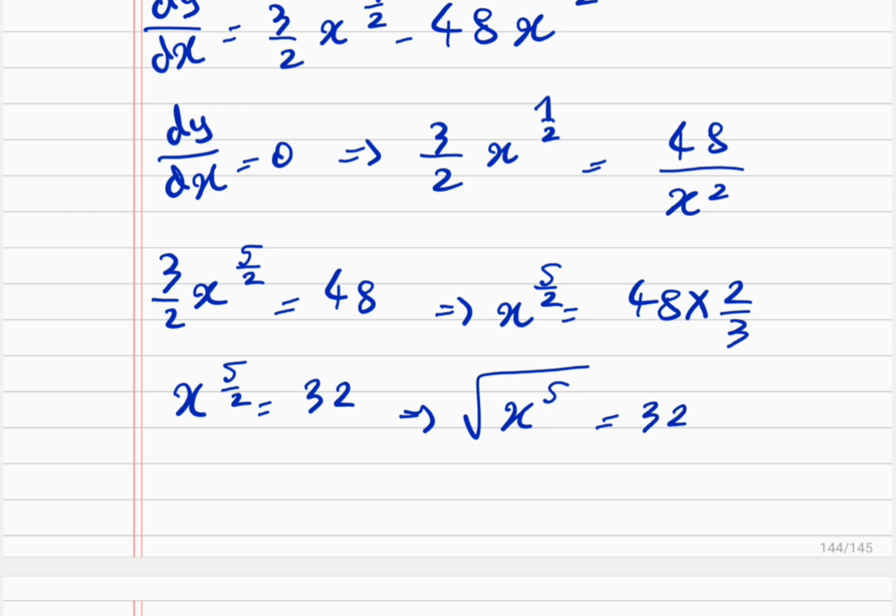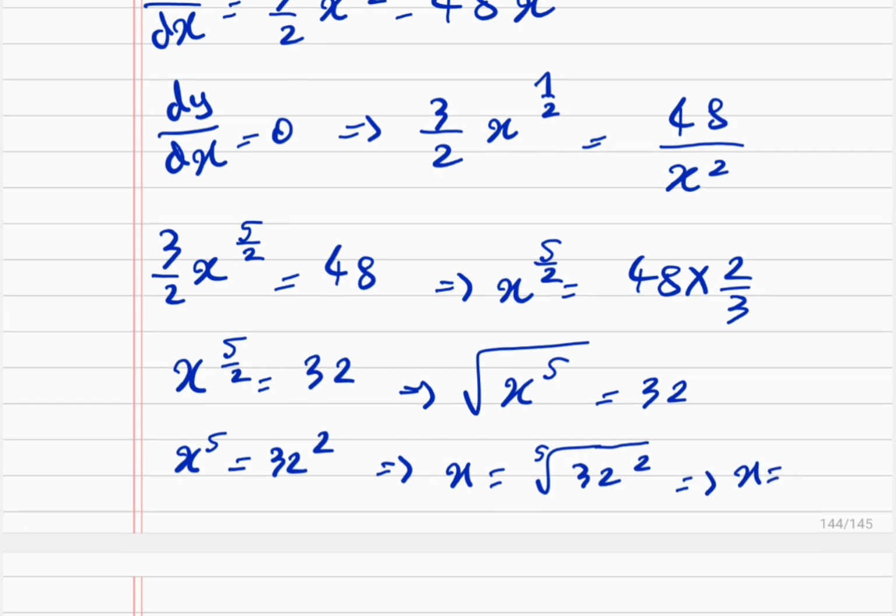In this case, we first need to square both sides. So we have x to the power of 5 is equal to 32 squared. Then we can take the fifth root of both sides to get x is equal to the fifth root of 32 squared, and that gives us 4. So x is equal to 4.